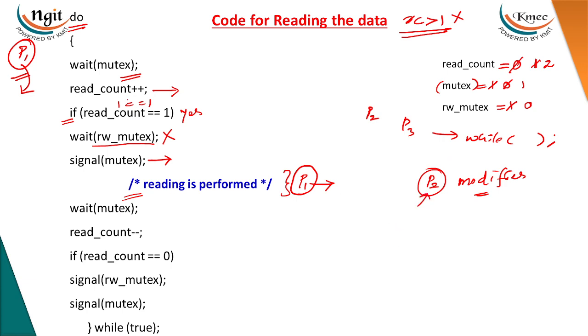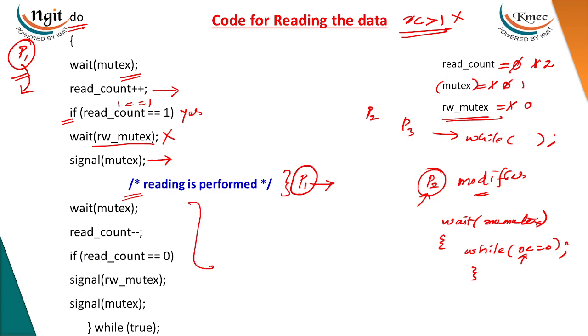But the problem here is P1 disabled the read write mutex to 0. So if P2 has to execute wait on RW mutex, the value of RW mutex is 0, so it will be stuck in the while loop, 0 less than or equal to 0. What is 0? The read write mutex value.